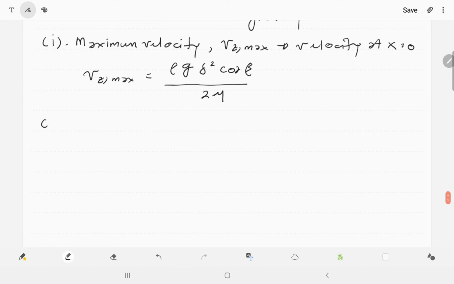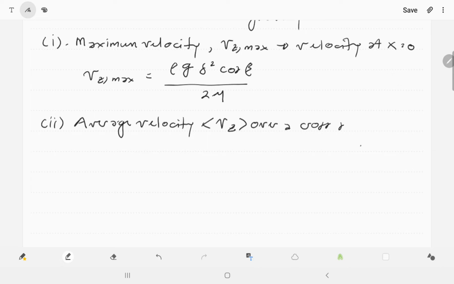The other quantity of interest for us is the average velocity, Vz over a cross section of the film.